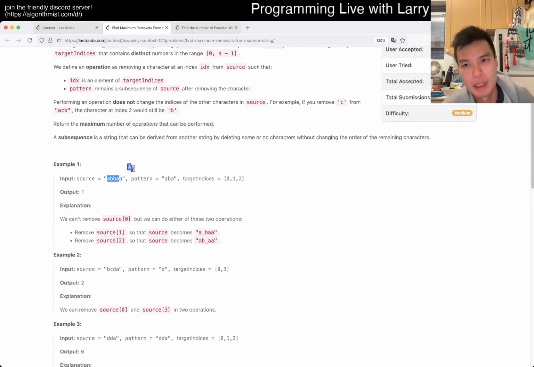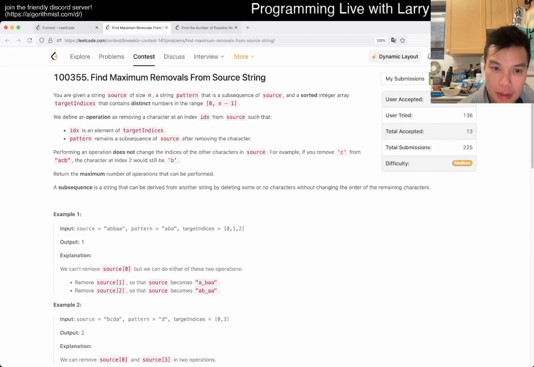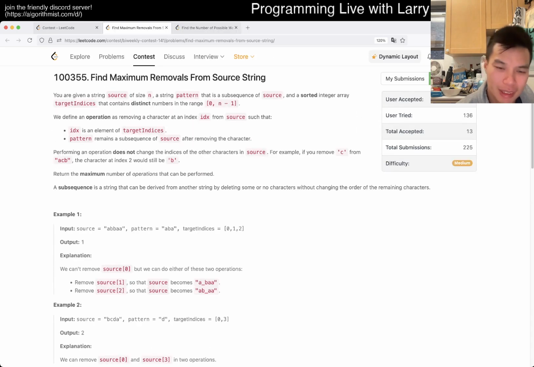AB. How am I thinking about this? ABA. Can I do this one? Let's see. Yeah, more people got it. Oh, I haven't even read the problem yet, but I want to focus. Focus.